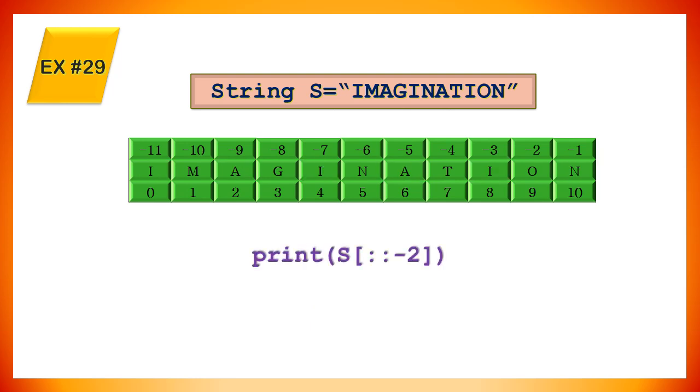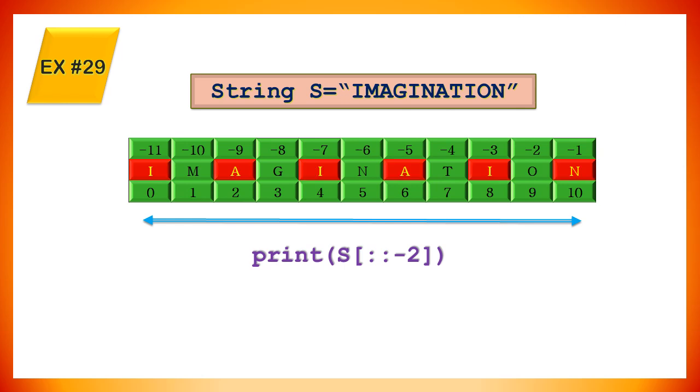Example 29, S colon colon minus 2. Here also no starting index, no ending index. But most surprisingly, step value has been provided as negative. So negative step value means, as I said, the selection will be done from right hand side to left hand side. So the starting index is 10th index and ending index is 0th index. Okay, so characters will be generated according to step value.